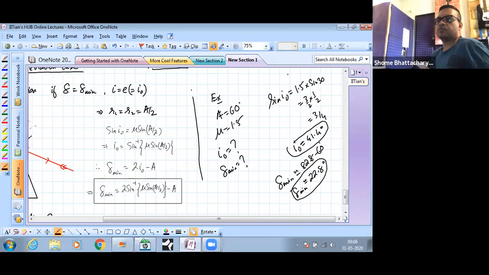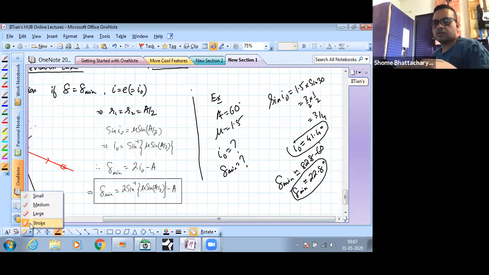But this is okay, na? This formula over here that I've written. Mu sine, sine I naught is equal to mu sine R, which is A by 2. So if the angle of the prism we have taken is 60, so this will become 3 by 4. So 0.75 sine inverse. Okay, I made some kind of mistake. Wait. Just this correction here. This will be about 48.6.